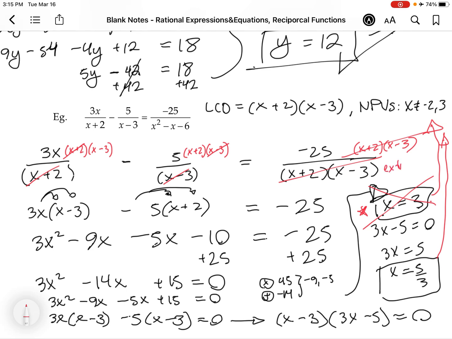Okay, this is called extraneous, because this solution of x equals 3 works in the resulting quadratic equation. Okay, it satisfies the resulting quadratic equation when I eliminate the denominator, but it does not satisfy the original rational equation. And so it's called extraneous, and we have to throw it out.